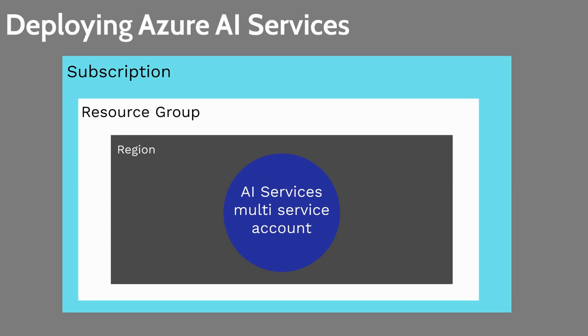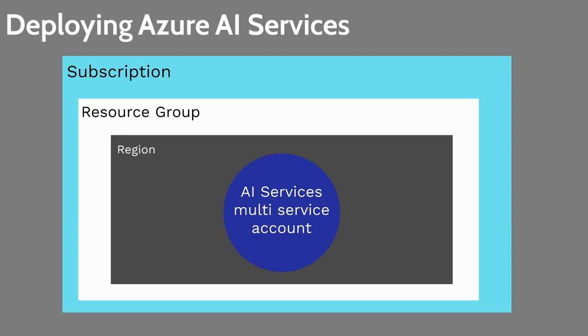So that's it. And now we look at deploying the Azure AI service. So how do you deploy the Azure AI service? You need an Azure subscription. Within the subscription, you need to create a resource group, and then deploy the Azure AI services multi-service account in a specific region of your choice.